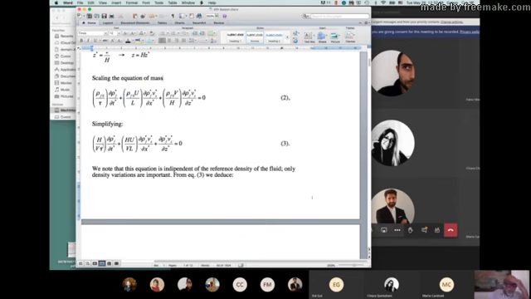Now, the differentials, all the differentials here, contain variables which vary between 0 and 1. So we are saying that these variables are of order 1.